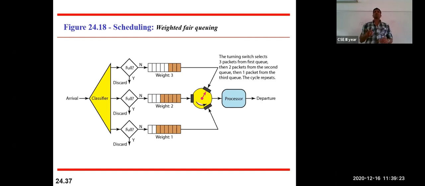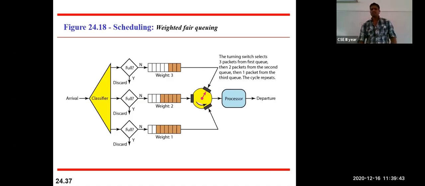It goes round robin, but the first choice is given to the highest weightage queue. From there, it gives the same chance to each queue.